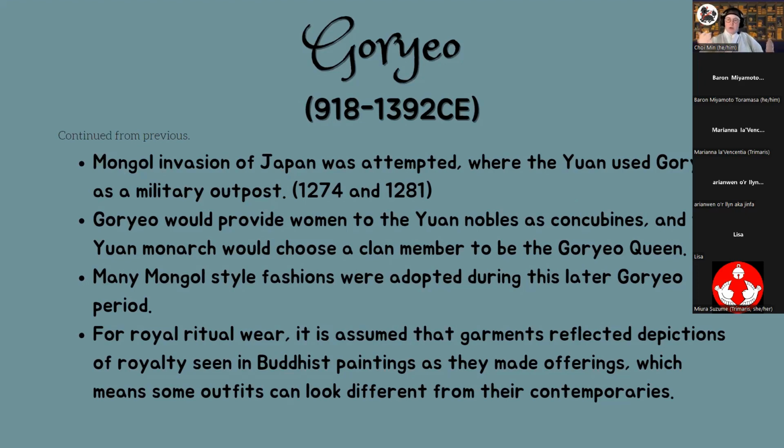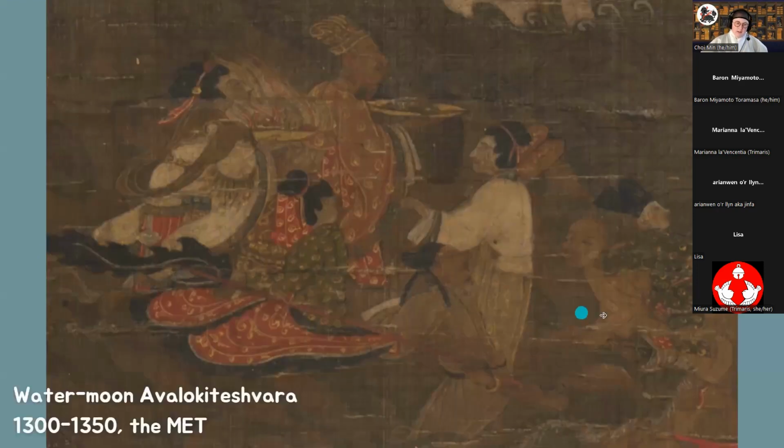There was probably some give or take. And as people do, if they like a fashion and someone in power is wearing a cool fashion, they might wear it. So it's very possible that Goryeo is an actual thing, but like I said, just beware when you wade into it because it's highly contested.